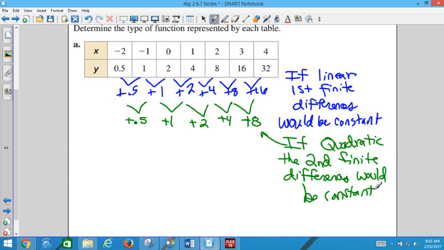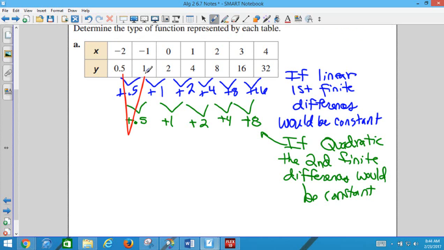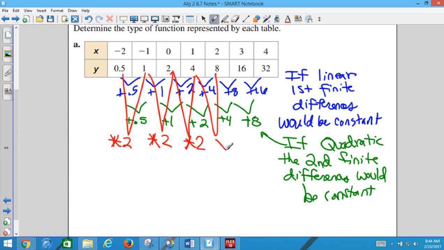Look carefully at these numbers. Maybe look at 1 to 2, 2 to 4, 4 to 8. It's not adding the same number. It's multiplying. You see if I do a half times 2, or 1 times 2, or 2 times 2, 4 times 2. Do you see this is not actually adding?